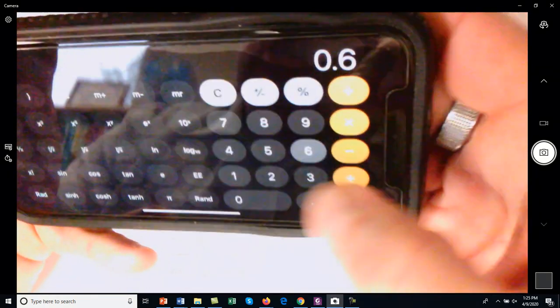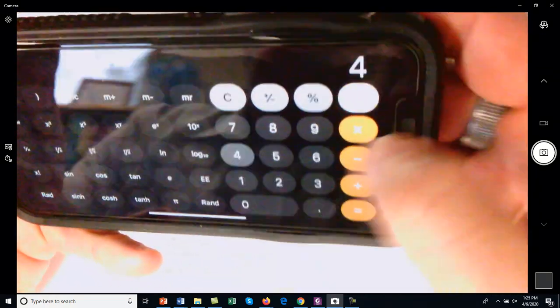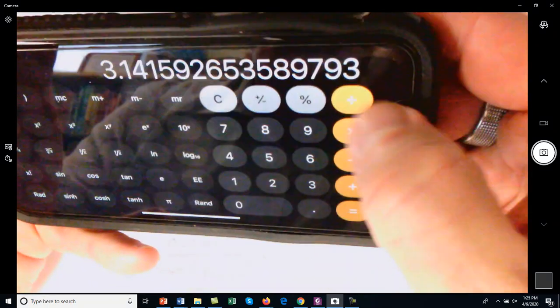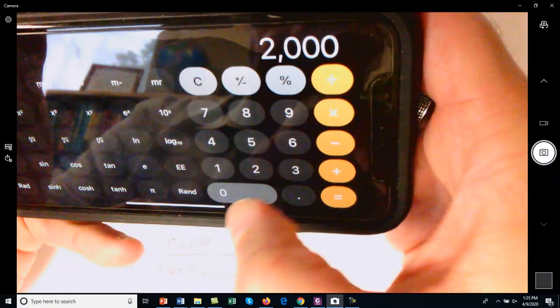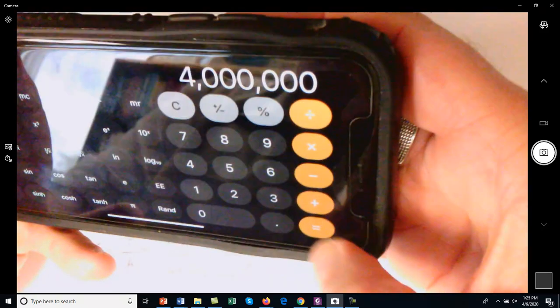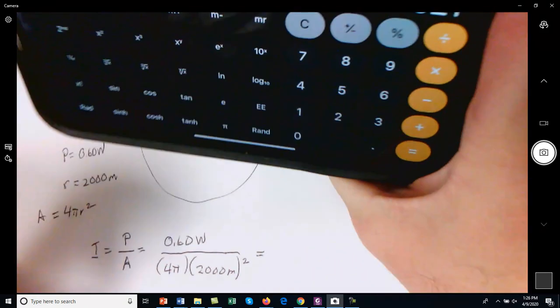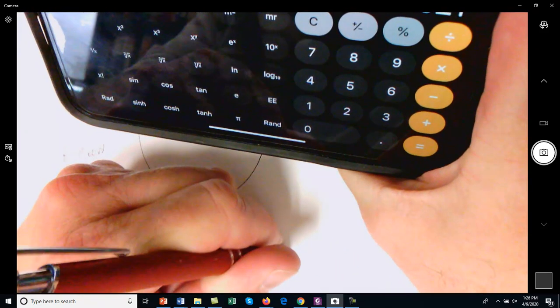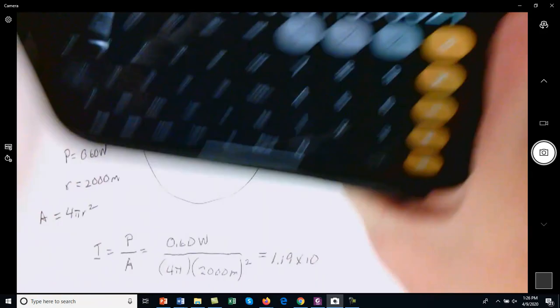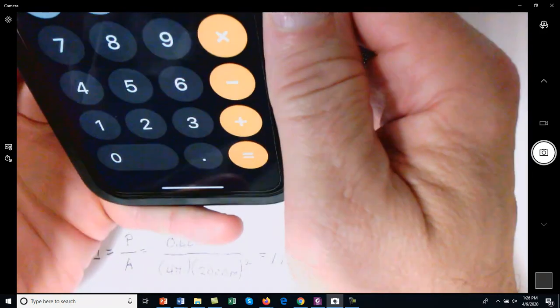So we have 0.6 watts divided by 4 pi times 2,000 squared. And that gives me an intensity of 1.19 times 10 to the negative, I'm going to cheat.